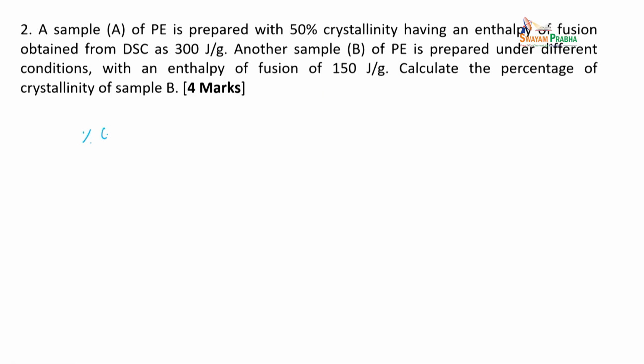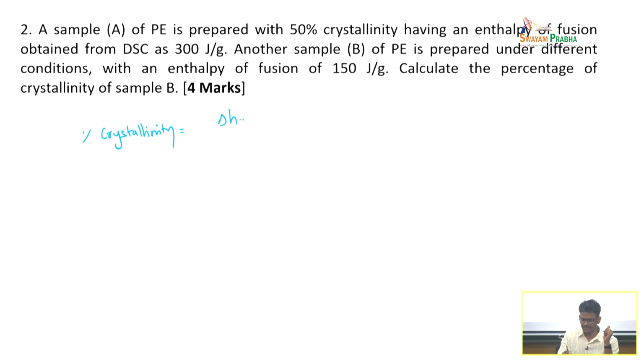For us the definition of crystallinity is delta Hs by delta Hc into 100. So this is the enthalpy of fusion for the sample, and this is the enthalpy of the same sample if it is 100% crystalline, which has to be obtained from some other sources. So in this problem this data is not given, but we are comparing between two data.